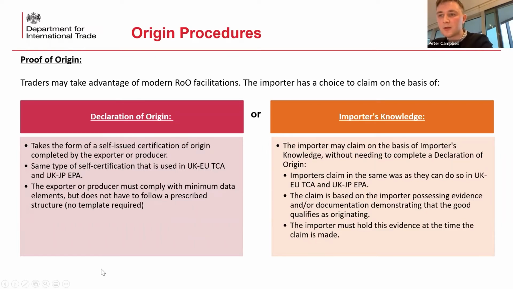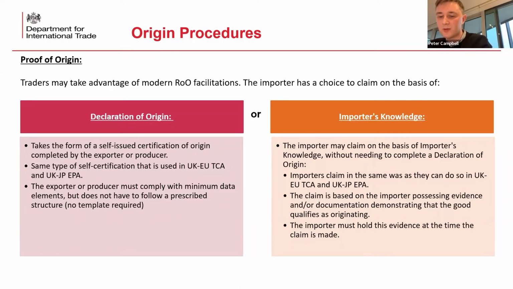The declaration needs to meet the minimum data requirements, and it needs to be attached to an invoice or other commercial document. I think one facilitation to mention for this agreement is that the UK has agreed that it doesn't matter where the data elements are contained, as long as they're attached to the bundle of documents.